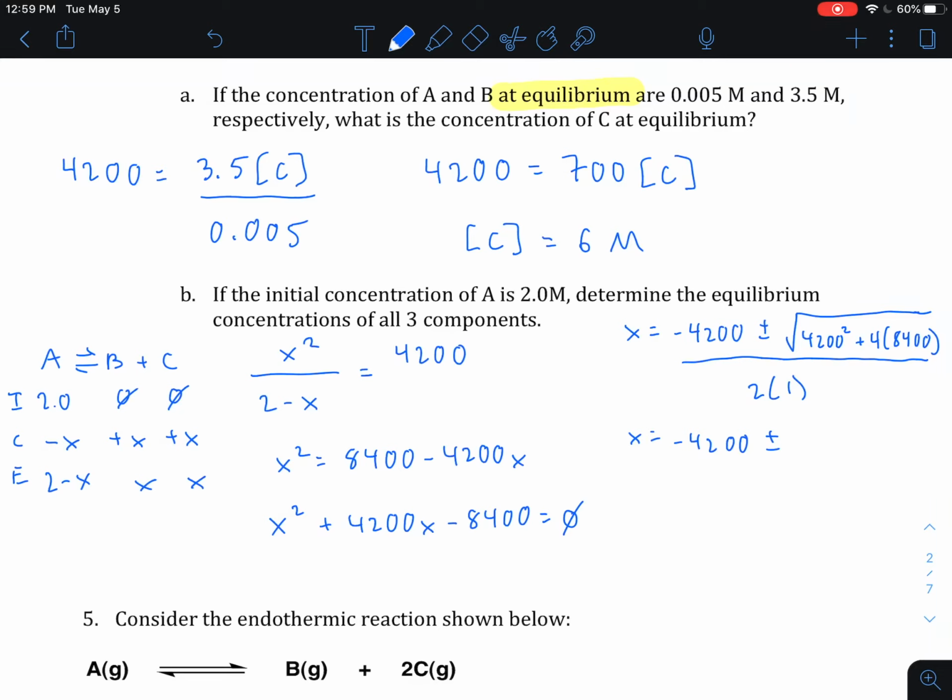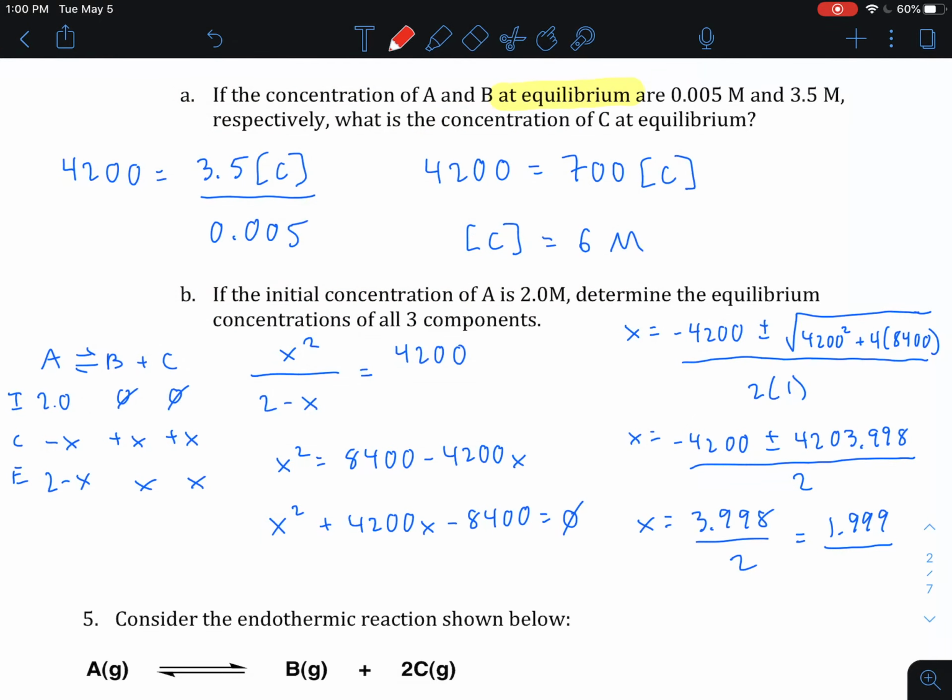Let me solve what's in the square root. And that's 4203.998 divided by 2. So we'll only worry about the positive root here. It looks like it would be 3.998 divided by 2. And then I get 1.999.